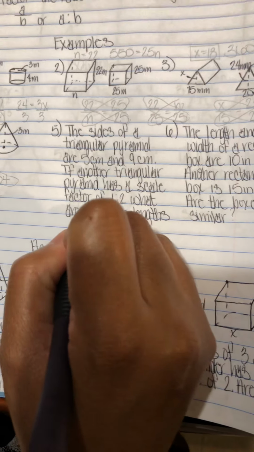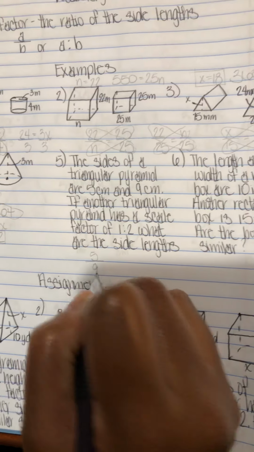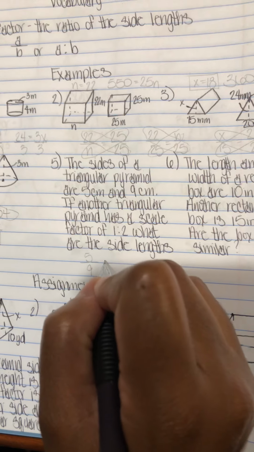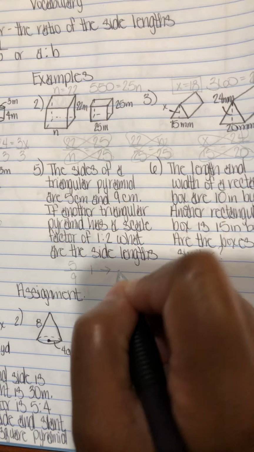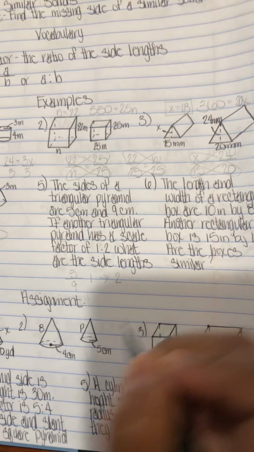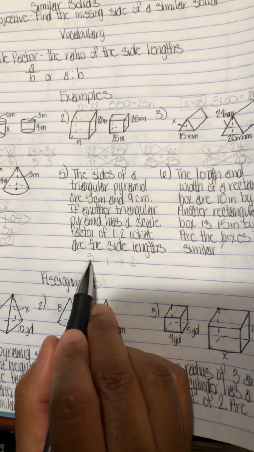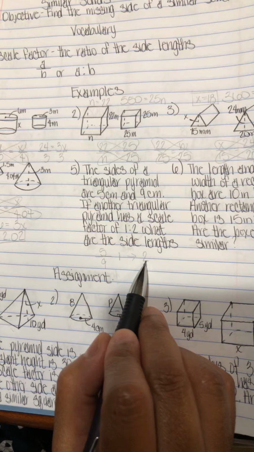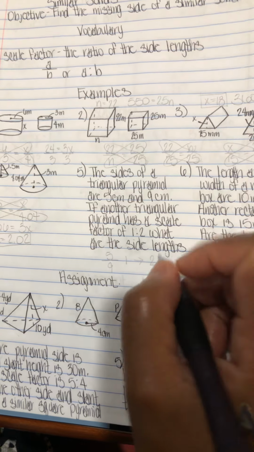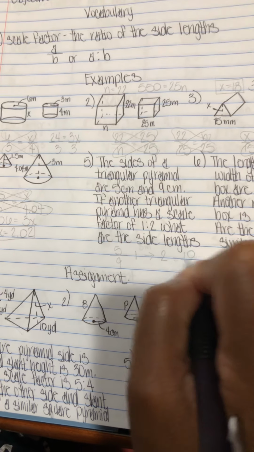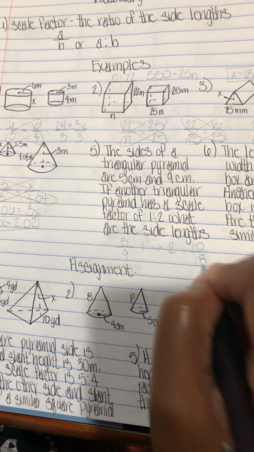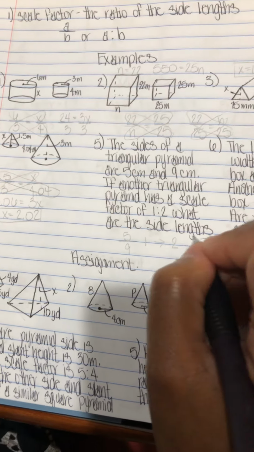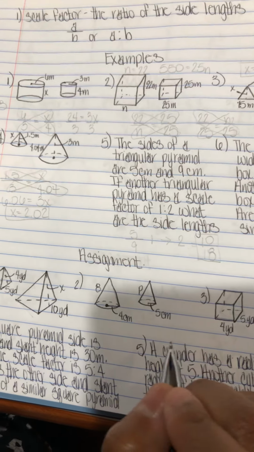So basically, I know that 5 and 9 has a scale factor of 1. I need to make it a scale factor of 2, which means all I'm going to do is take these numbers and multiply them by 2. So 5 times 2 gives me 10, and 9 times 2 gives me 18. And that's going to be my answer.